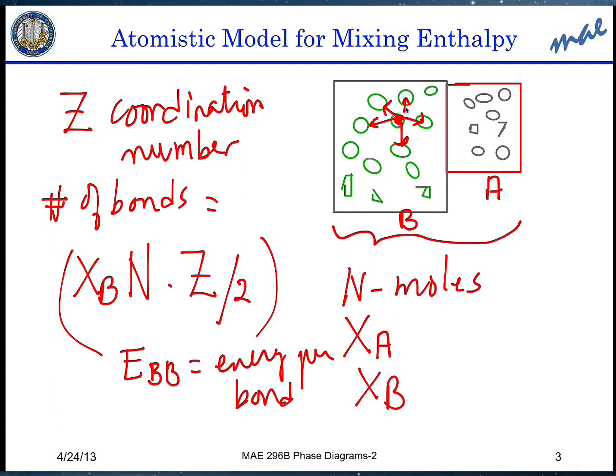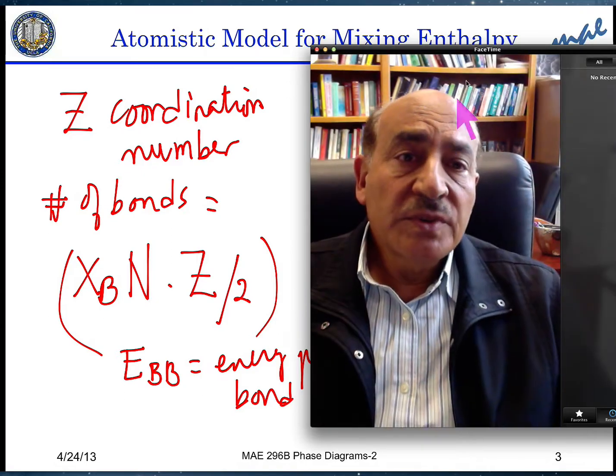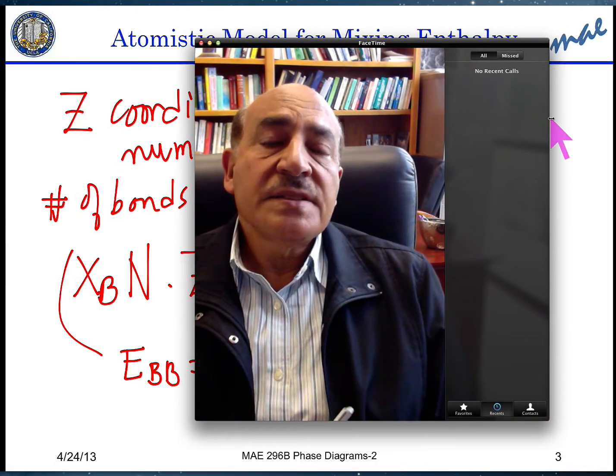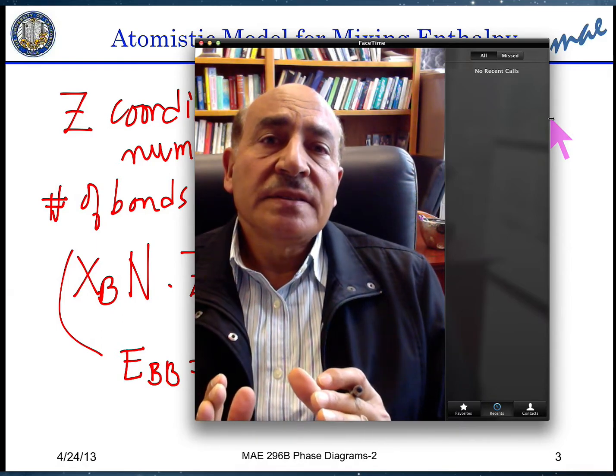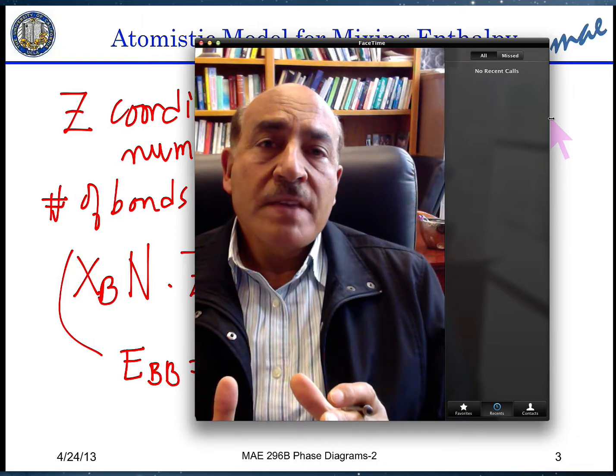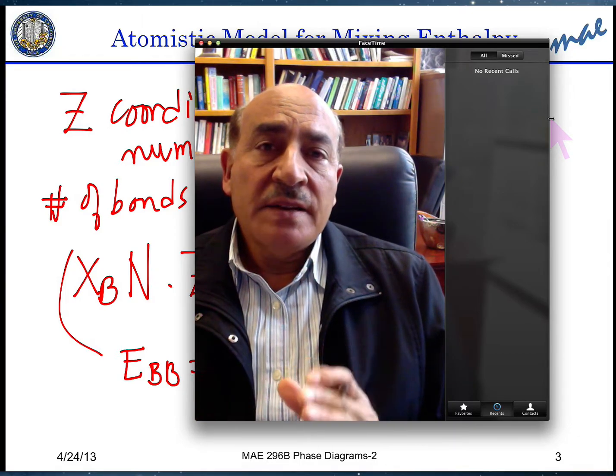So let me continue here and move on to what we're going to do. What I'd like to do is now calculate the energy of the system in its two pieces, the A and the B piece.